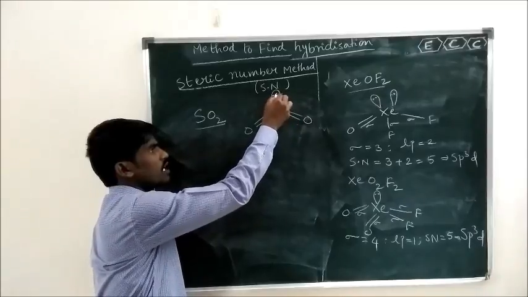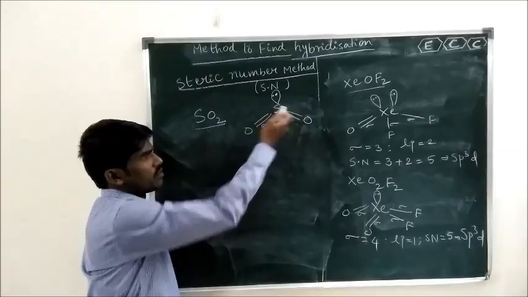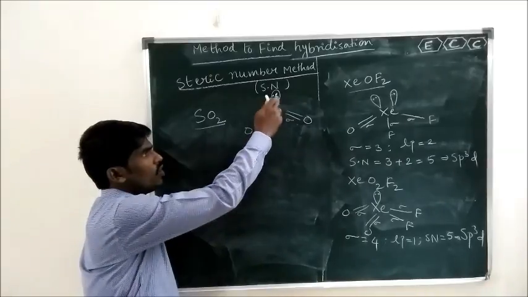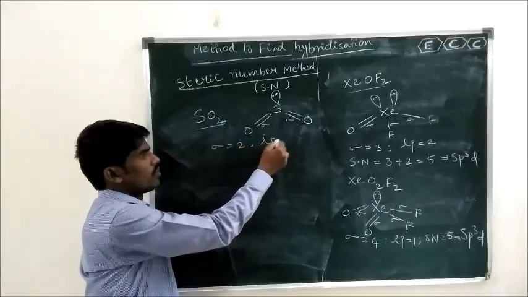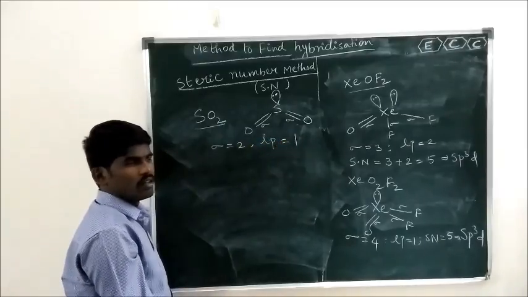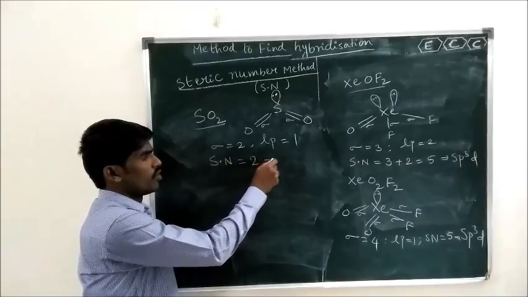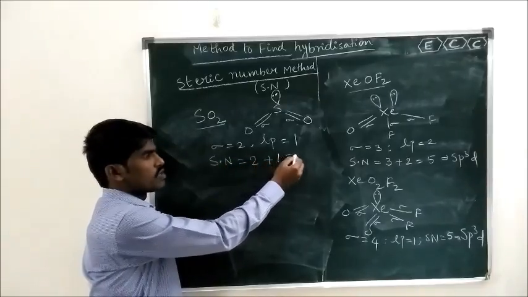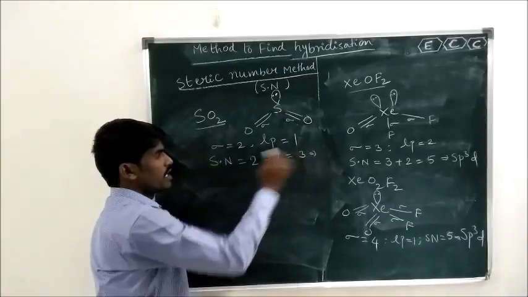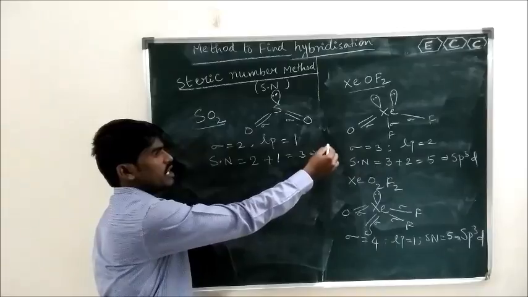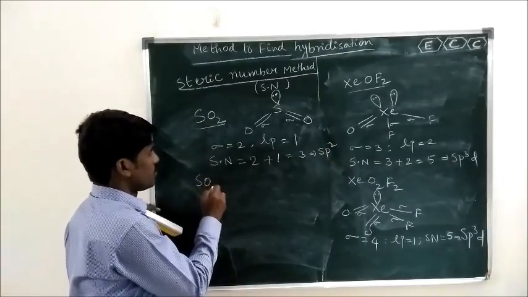Then 2 electrons remain. 1 lone pair. It is sigma and it is sigma. Right? 1 lone pair is there. Total number of sigma bonds is equal to 2. Total number of lone pairs is equal to 1. So steric number is equal to number of sigma bonds 2 plus lone pairs 1. 2 plus 1 is equal to 3. Right? So if steric number is equal to 3, what is hybridization? sp2 hybridization.